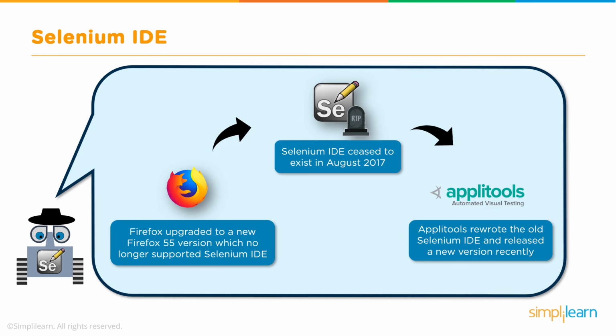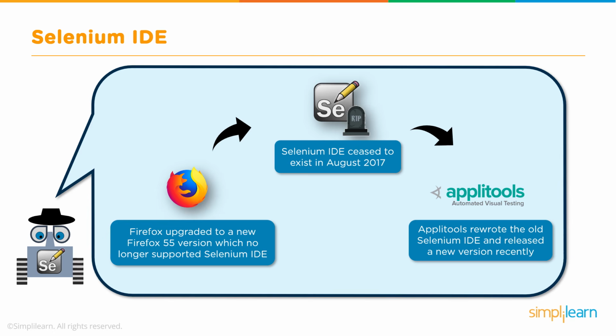A bit of history of Selenium IDE. Earlier, Selenium IDE was only a Firefox extension. We saw that IDE was available since Selenium version 1. Selenium IDE died with Firefox version 55; that is, IDE stopped being supported from version 55 onwards, and this was around 2017.